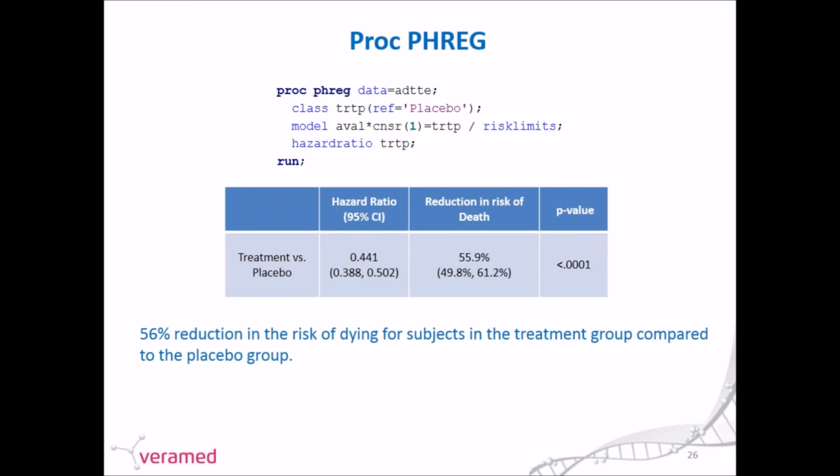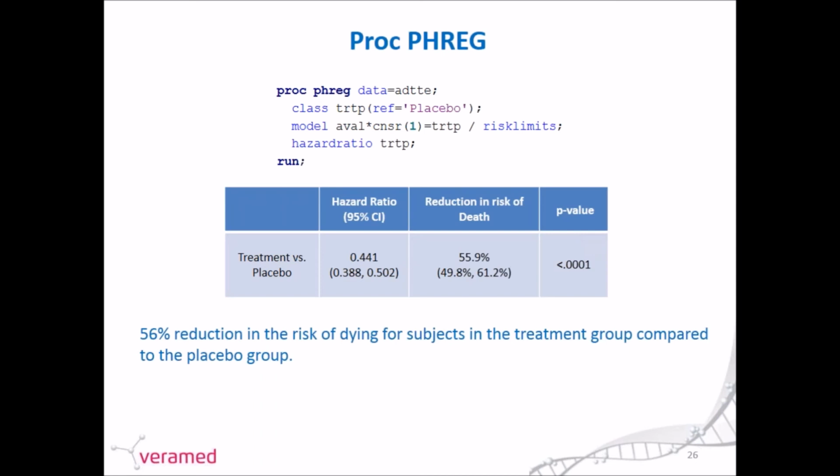So what do the results look like? Here we've got a hazard ratio of 0.441, which suggests that less than half of the subjects in the treatment group compared to placebo are experiencing the event. So we've got the 95% confidence intervals here, and the important thing to look for here is if those cross the value of 1.